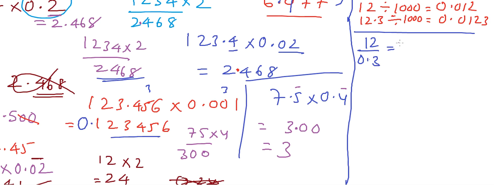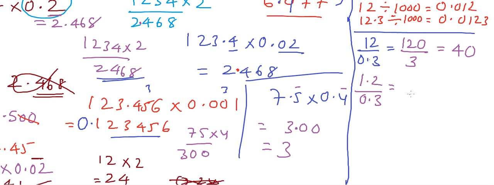The numerator when multiplied by 10 becomes 12 into 10, 120. And 0.3 into 10 becomes 3. So now it's easy to divide. 120 by 3 is 40. That's all, simple. Suppose it's 1.2 by 0.3.